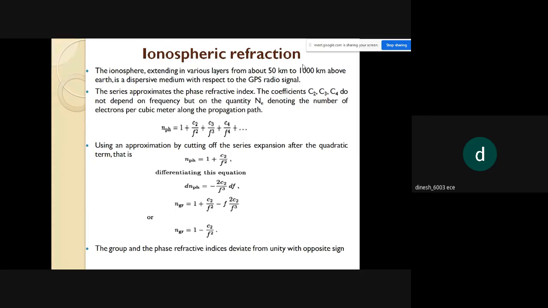So using this approximation by cutting off the series expansion, the quadratic equation can be written as 1 plus c2 divided by f squared.